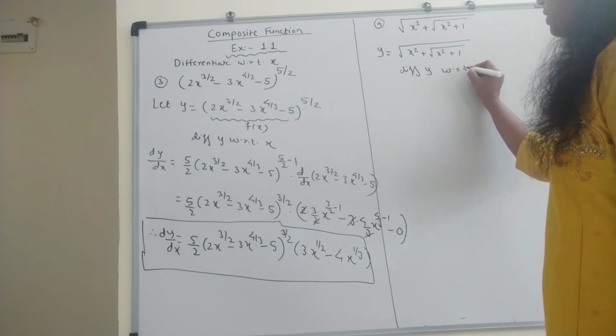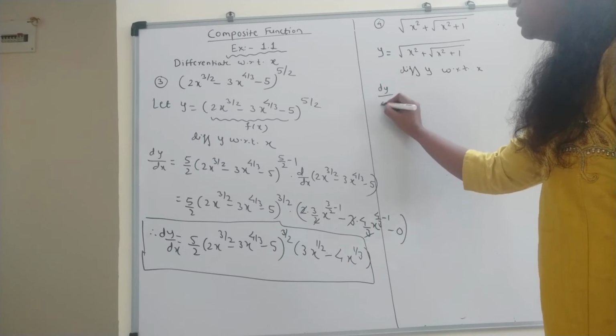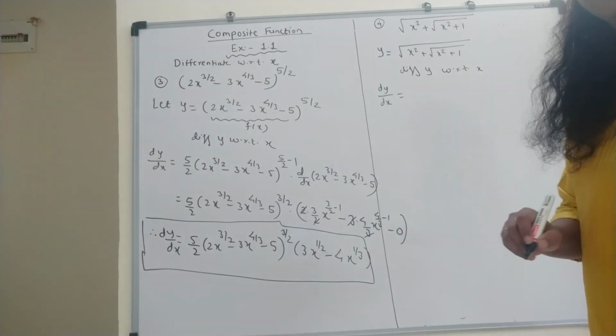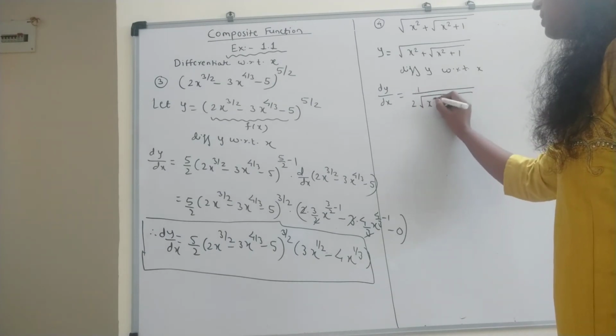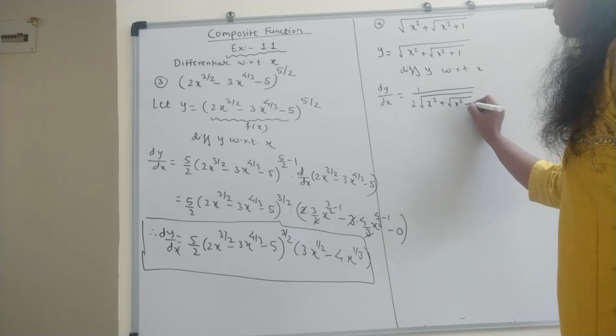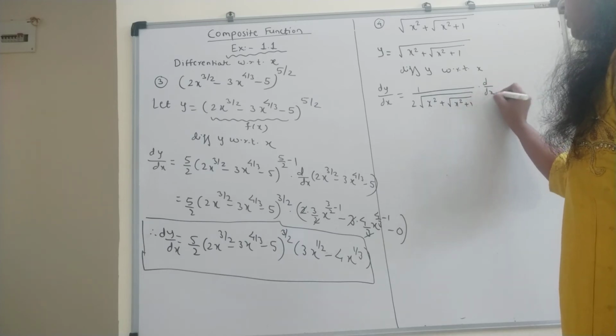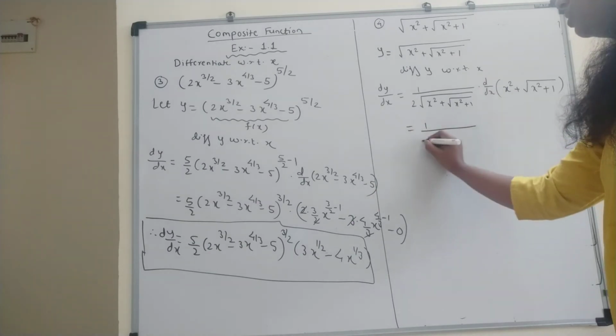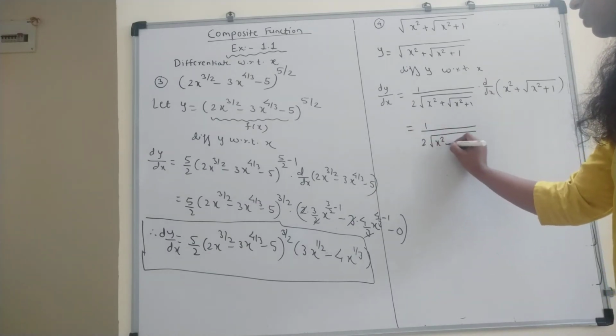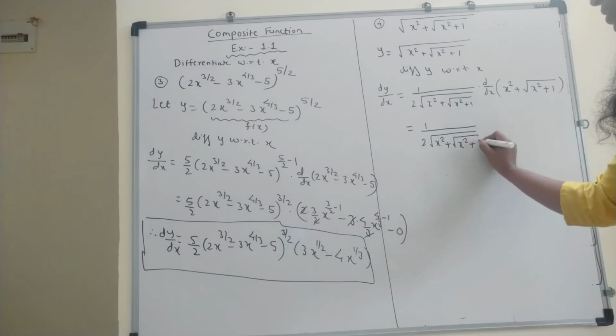Differentiating y with respect to x, dy by dx is root of f(x), derivative value is 1 upon 2 root f(x) multiplied by always the derivative of the inner function. Now inner function means this whole term, that is x square plus root of x square plus 1. So this term is 1 upon 2 root of x square plus root of x square plus 1.